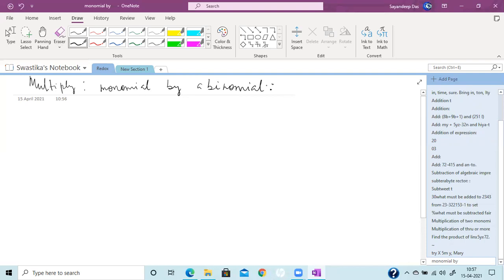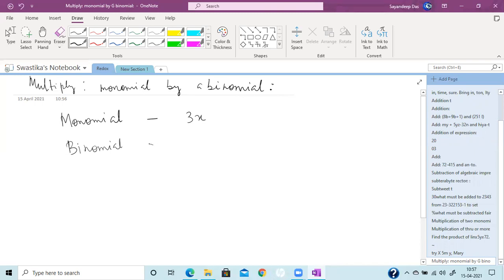All of you know. Now we'll see how to do this problem. Suppose you are having a monomial. This is your monomial. I am giving you a monomial, that is 3x, and I am giving you a binomial.